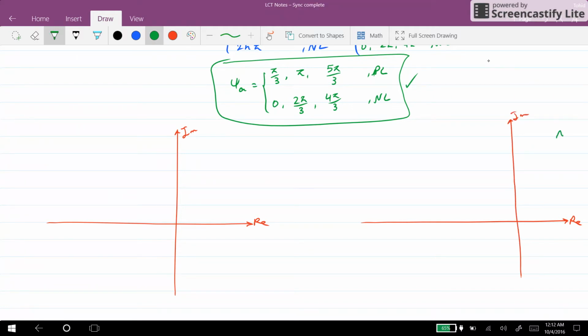So this is for the negative locus, and this one is for the positive locus. Let's determine the location of the poles of the system. We have one at 1, and we have one pole at -2 plus j square root of 3, and one at -2 minus j square root of 3, and the same thing here.